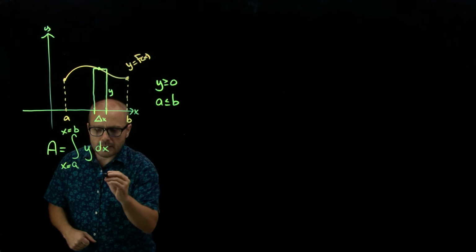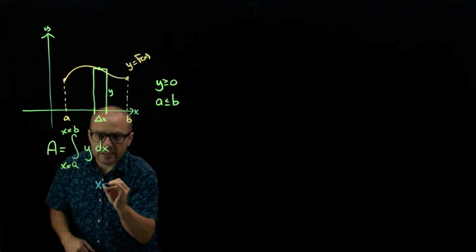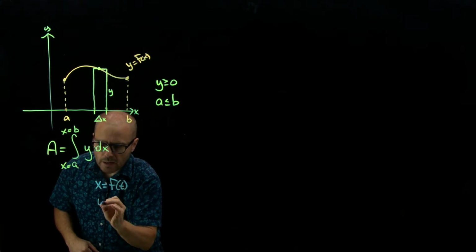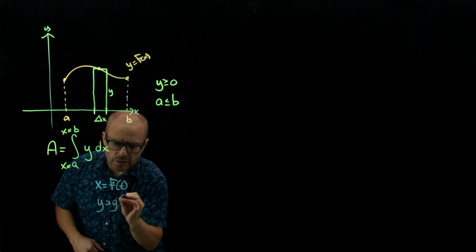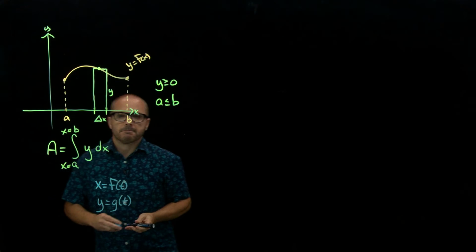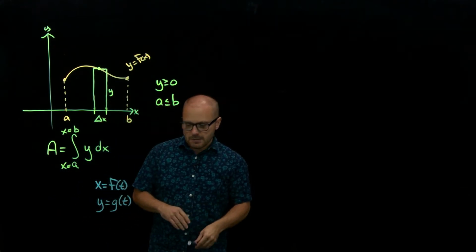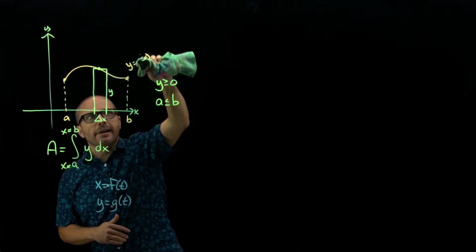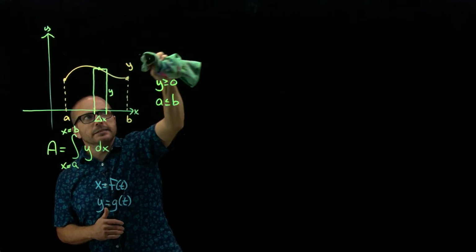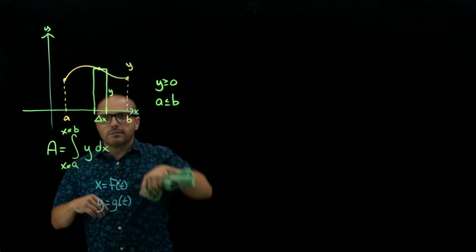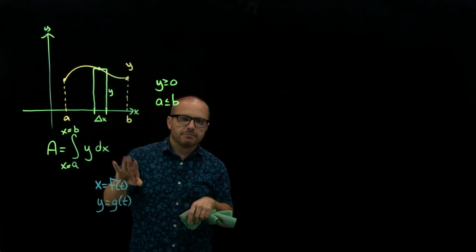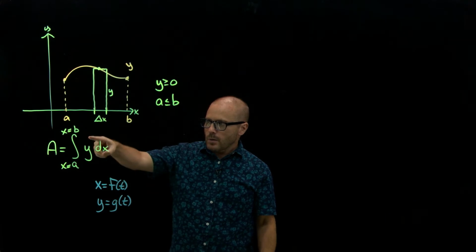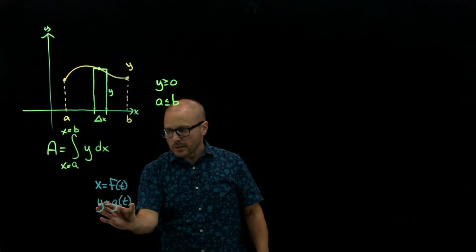Let's say x is f of t, and y is some g of t. And just to avoid any confusion, we'll call this curve y. I don't want to call it f of x because I don't want you to confuse that f with this f. Totally different thing.